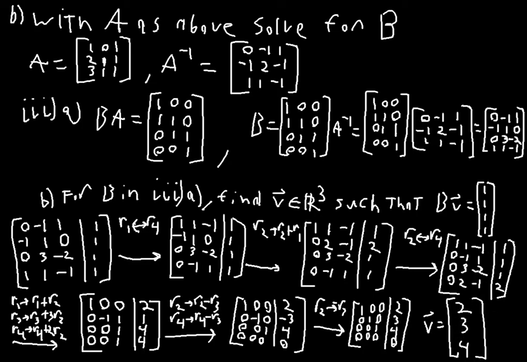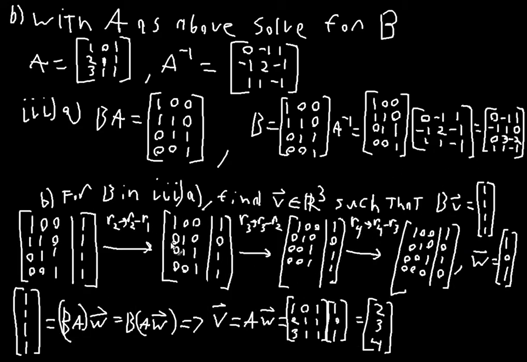There's an alternative way to solve this. Instead of augmenting here by B, from what we solved for here, and writing this on the right, we can augment it, and we can write B times A on this augmentation. Do a little bit of row reduction. See, the row reduction is much more simple. And at the end, we'll get this vector W. But W is not our answer.